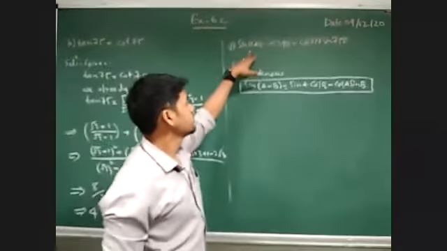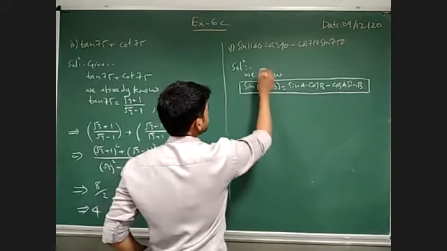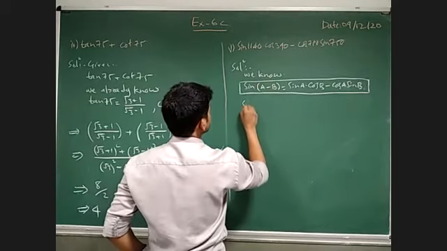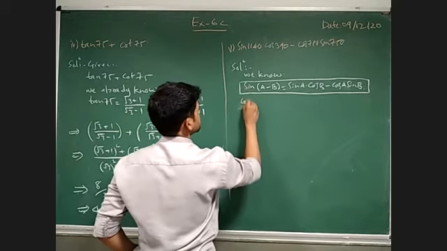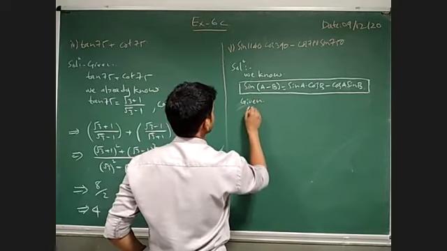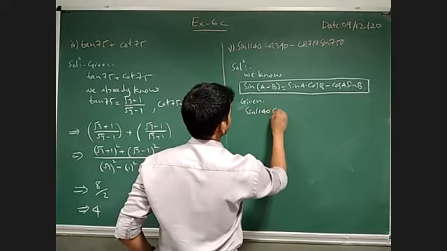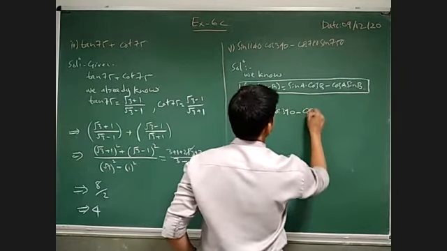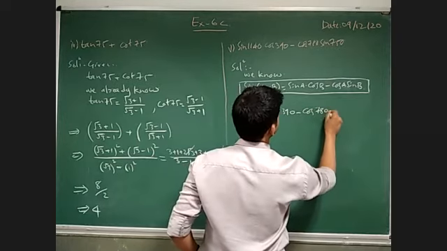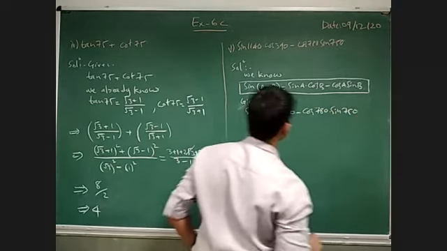So here just see, I can write the given thing, sine 1140 cos 390 minus cos 780 sine 75.